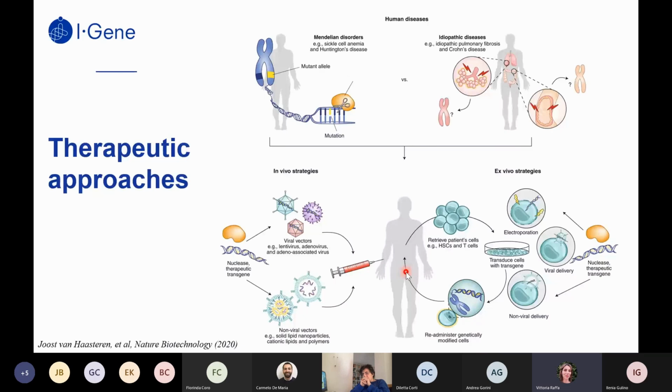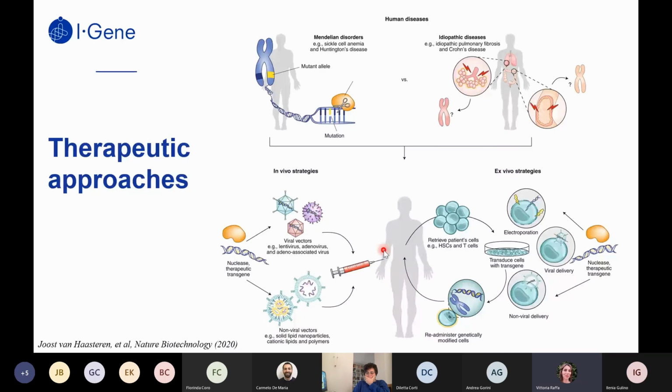This is considered a safer approach, because not all the cells are exposed to the editing machinery, just those that are harvested. And so we don't expect any side effect on other cells in the human body. Conversely, in the in vivo strategy, the system for genome editing is injected systemically.